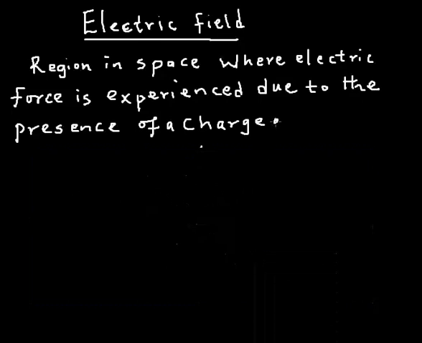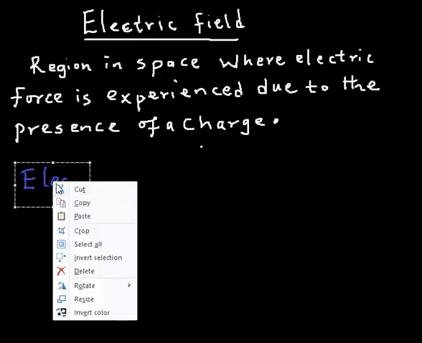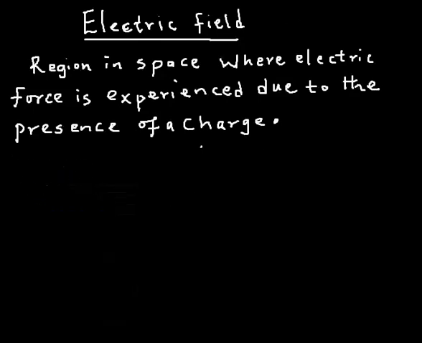So how do we represent the direction of the force experienced in an electric field? We use what is known as electric line of force, or electric field line, which is the same thing. Since we can't see the force, we can draw a line that shows the direction of the force.